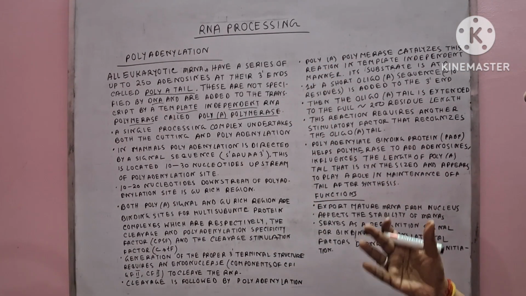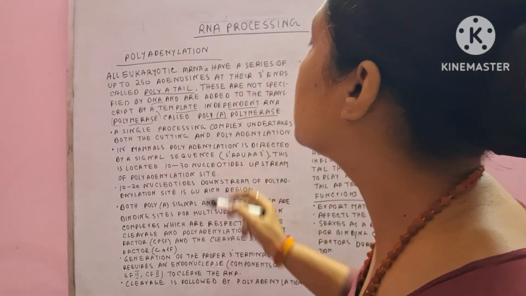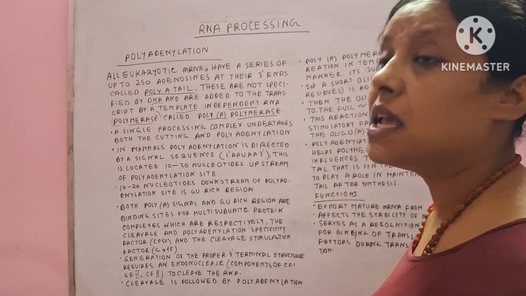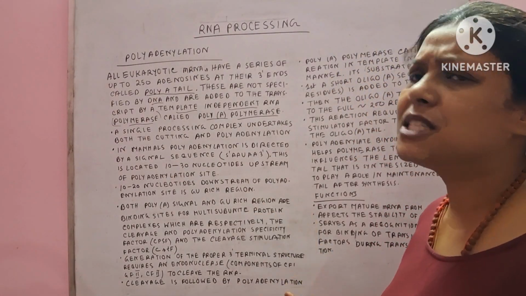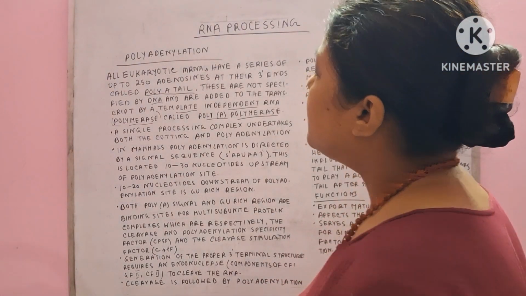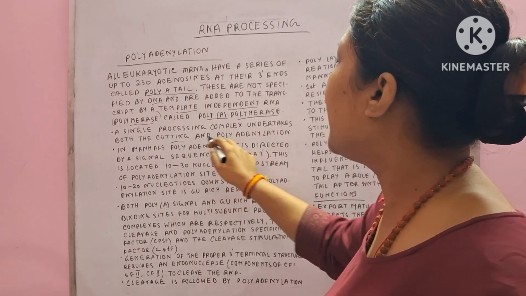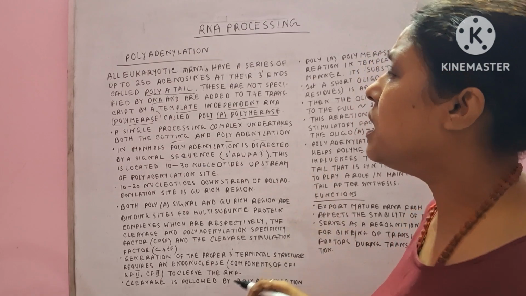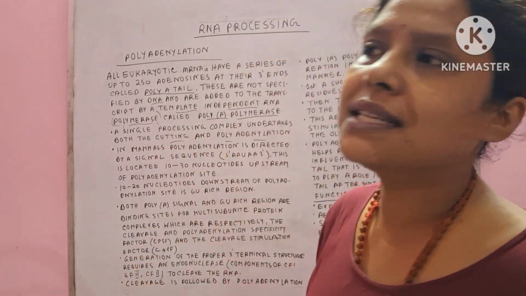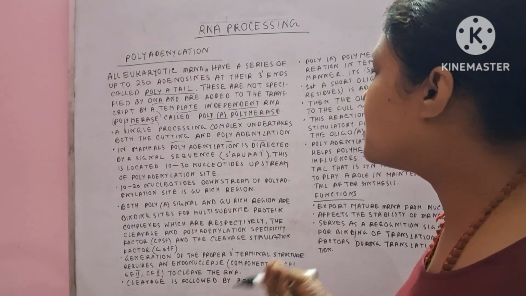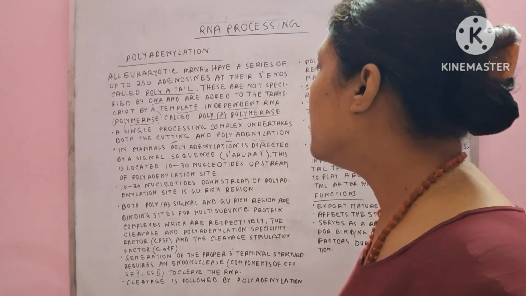A single processing complex undertakes both the cutting and the polyadenylation. So here is one important complex which is responsible for the cutting and the polyadenylation of the transcript.